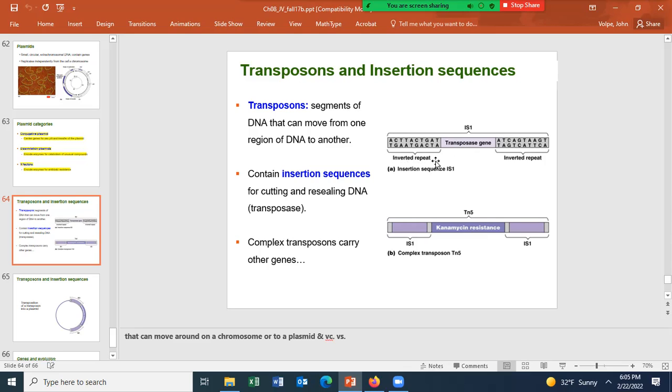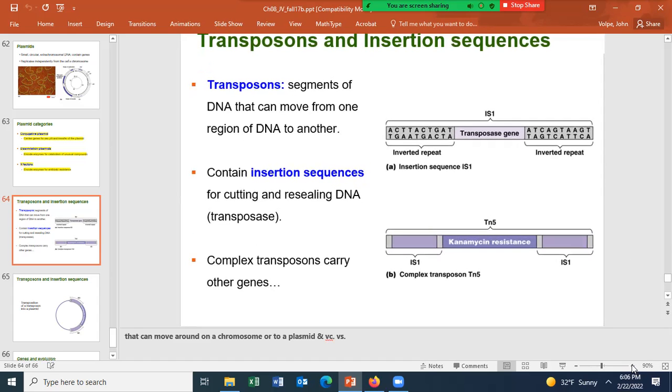And then the transposase gene links the DNA together. Transposons always contain the transposase gene, but they also contain inverted repeats, where the nucleotides are inverted and repeated on both ends of the transposon.